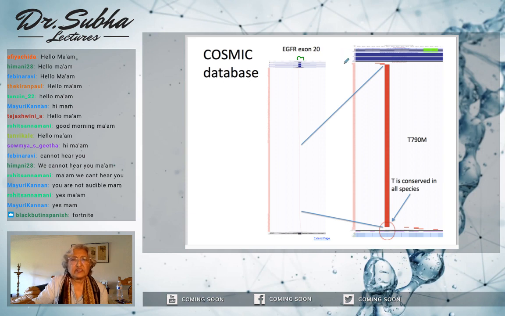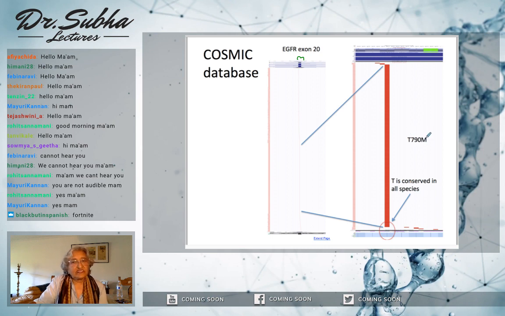This exon is really long, but because there are so many mutations in the COSMIC database, I had to really shrink it to show you how many mutations they have found in this exon. This is an exon from the EGF receptor, exon 20. There is a mutation in exon 20 called T790M, threonine to methionine, which is deleterious.